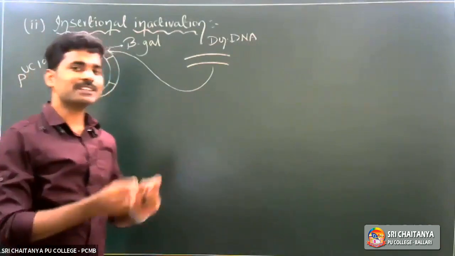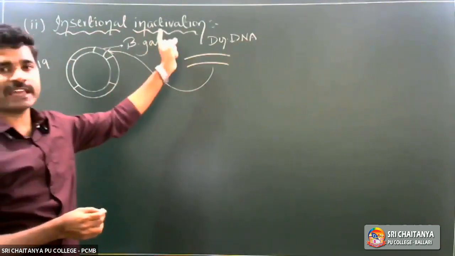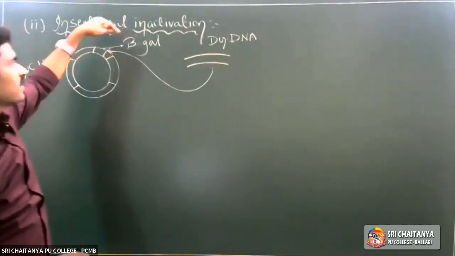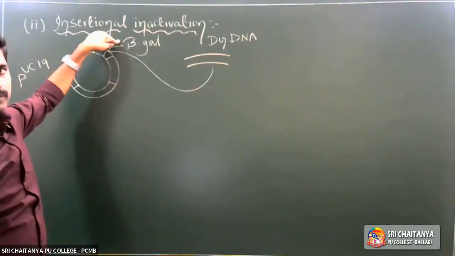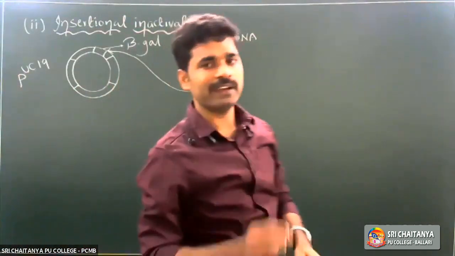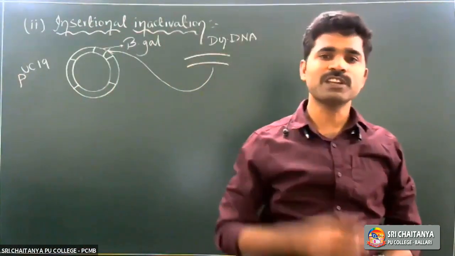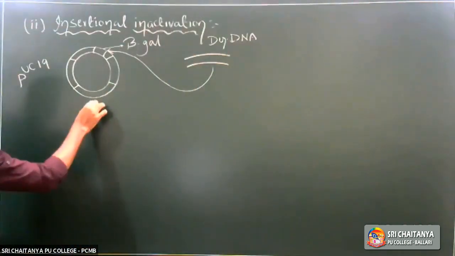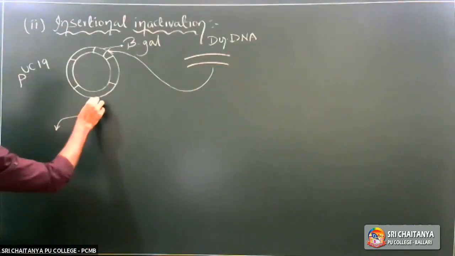Is it clear? What is insertional inactivation here? When we insert desirable DNA at the place of the B-Gal sequence, that B-Gal sequence is completely inactivated. So we call it insertional inactivation, right? In this method also, two types of vectors are formed.